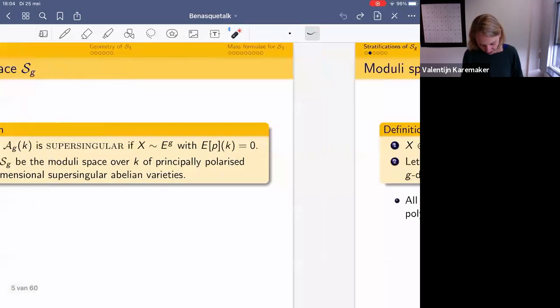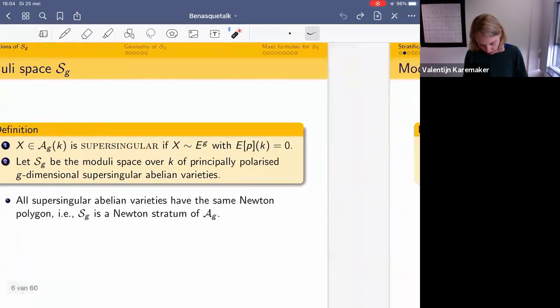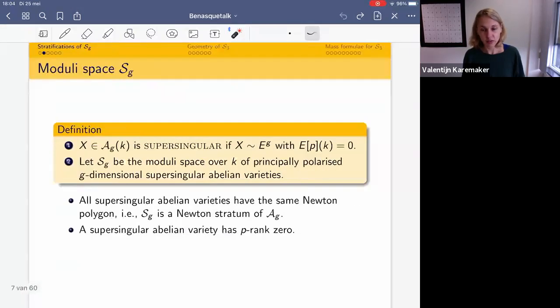So some things we can say about that. Supersingular abelian varieties have a unique p-divisible group up to isogeny, so a unique Newton polygon. That means that S_g here is really a Newton stratum of A_g, like the one we defined before. And in particular, since this Newton polygon determines the p-rank, all supersingular abelian varieties have the same p-rank, namely 0.